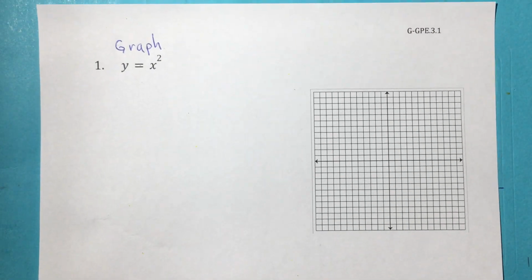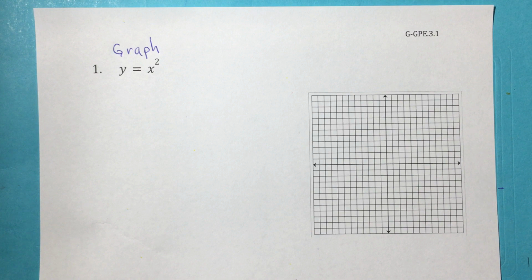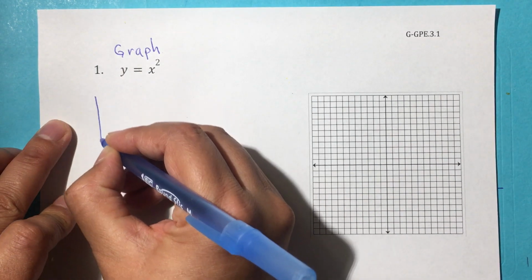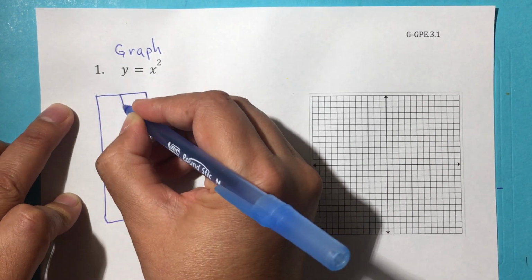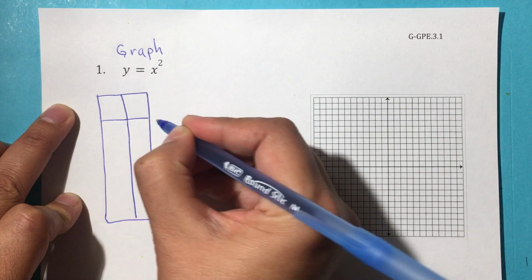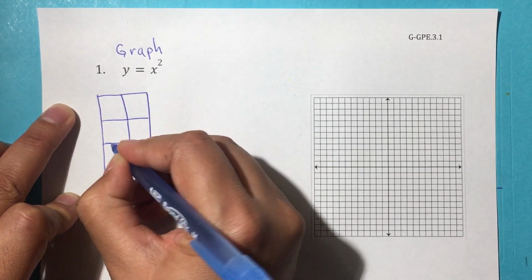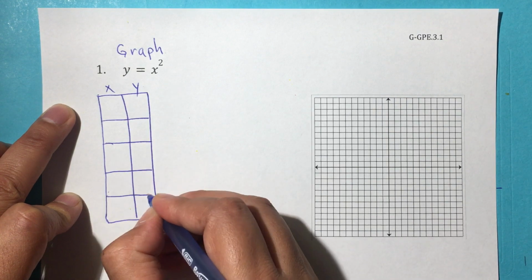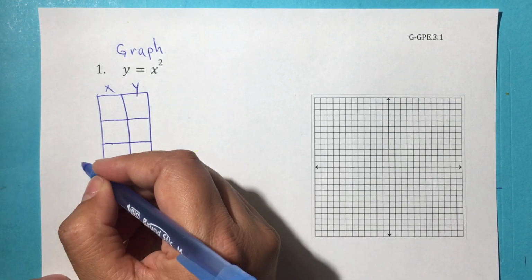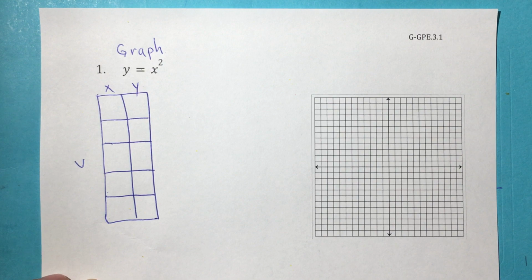Now let's start with our parabola. So we're going to graph y equals x squared. What I recommend is to draw a table. For parabolas, you will at least need 5 values. And you always put the vertex in the middle, okay?